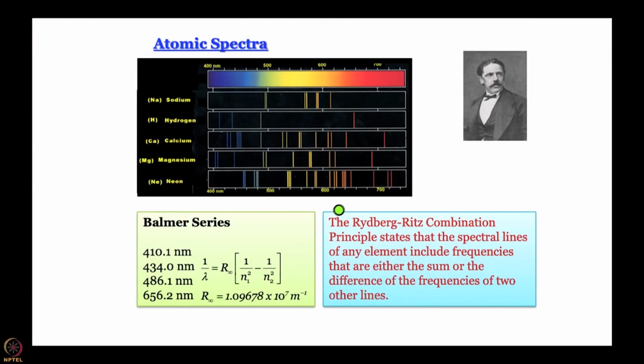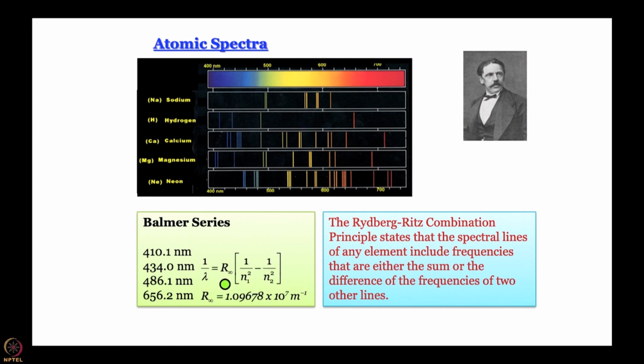It is based on the Rydberg-Ritz combination principle that states that the spectral lines of any element include frequencies that are either the sum or difference of frequencies of two other lines. And what it boils down to is that the wave number, 1 by lambda, is equal to a constant multiplied by 1 by n1 square minus 1 by n2 square, where n1 and n2 are two positive integers.